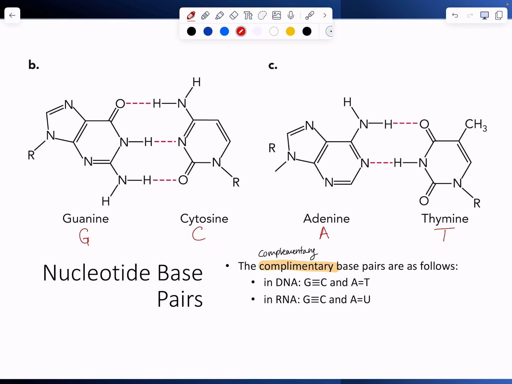So this is going to be kind of our first introduction to the shorthand way of referring to monomers. Okay, so as we talk about the polymers that we're going to study in this course, sequence, the order in which you connect different types of monomers, is going to dictate all the other features of the molecule.